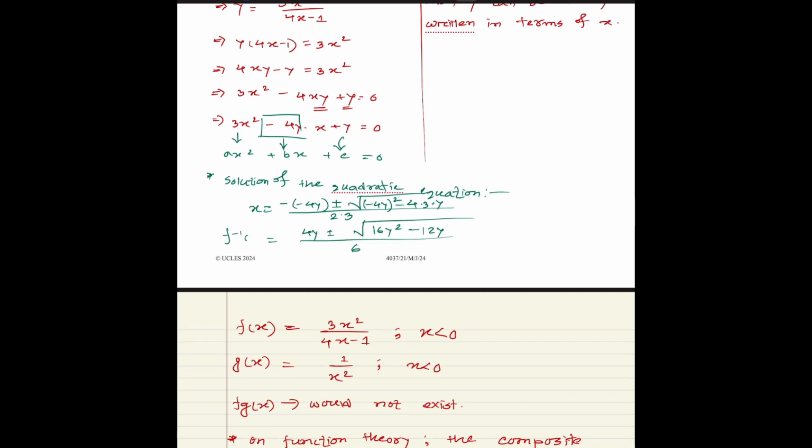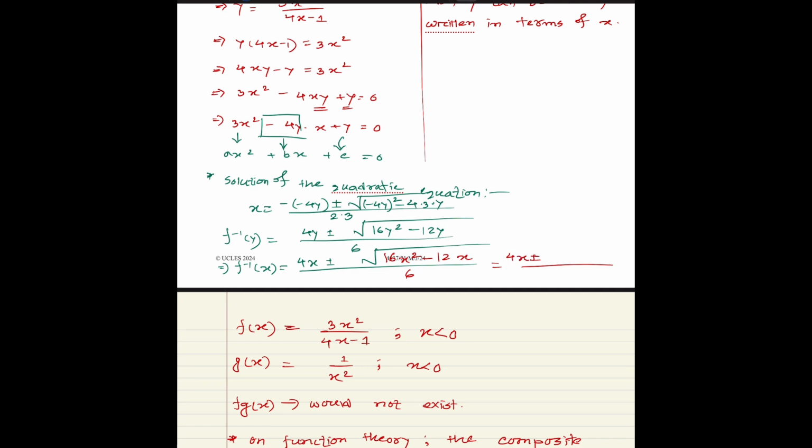Okay, this is x, that means this is f inverse of y. So f inverse of x should be equal to 4, just put x in the place of y, 4x plus or minus the square root of 16x squared minus 12x, divided by 6.